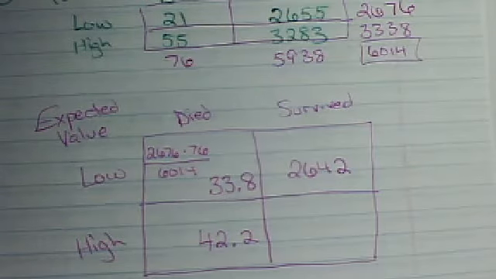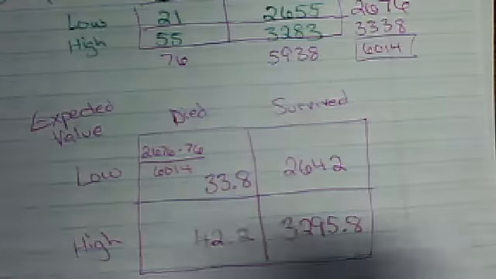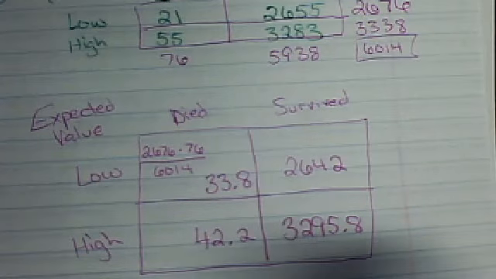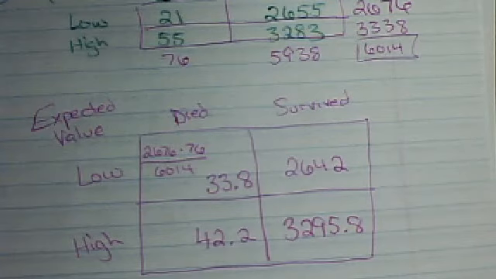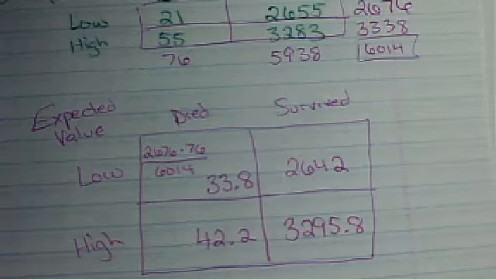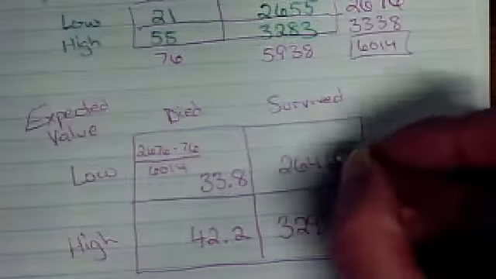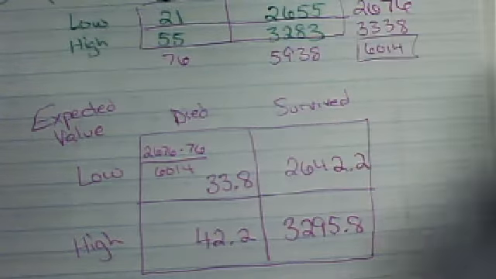Whoa, I messed up somewhere. Now, if I were doing my IA, and I noticed that these were very, very similar, I'm realizing I probably should have gone one decimal place here, that 2655 is very close to 2642.